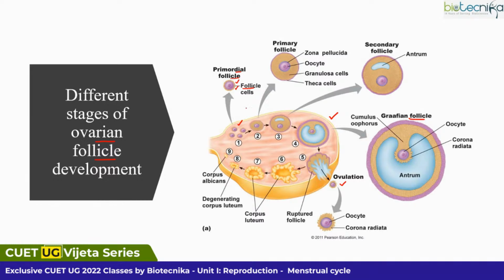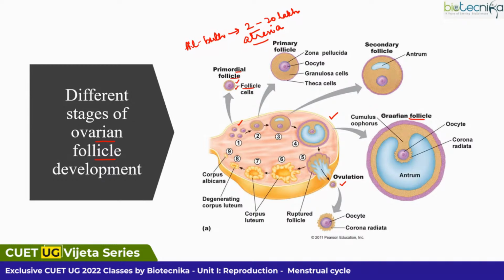But when the child is born, from those millions, only around 2 lakh to 20 lakh will be present. Many of them undergo atresia. What is atresia? Basically, these follicles do not develop and they die, so they are removed. That is the term atresia. So at birth, around 2 to 20 lakh of these eggs will be present.